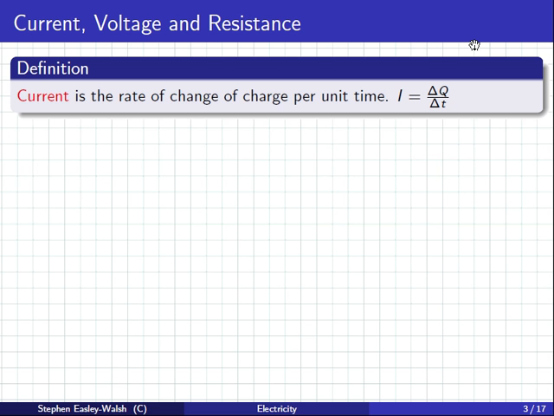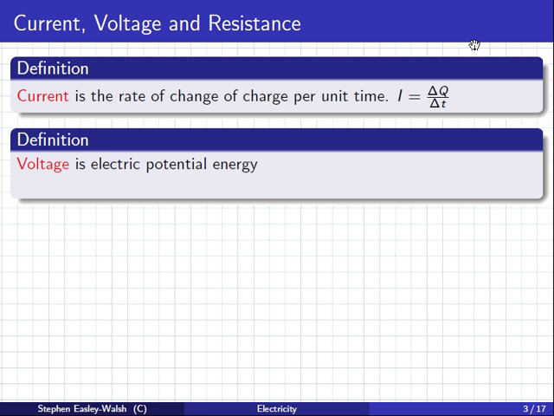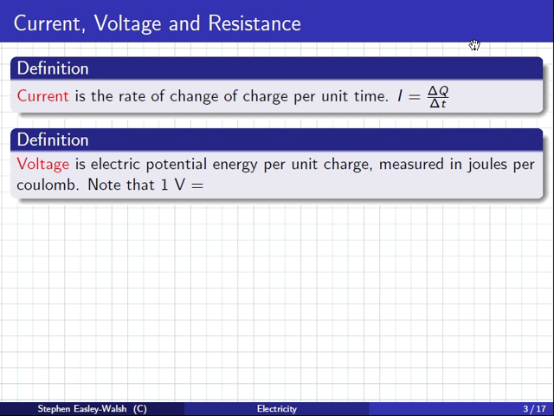Now, the next definition we have is voltage. I think you've heard of this word before, haven't you? Like high voltage. It's a type of energy, potential energy, per unit charge. It's measured in joules per coulomb. So 1 volt is a joule per coulomb of charge.